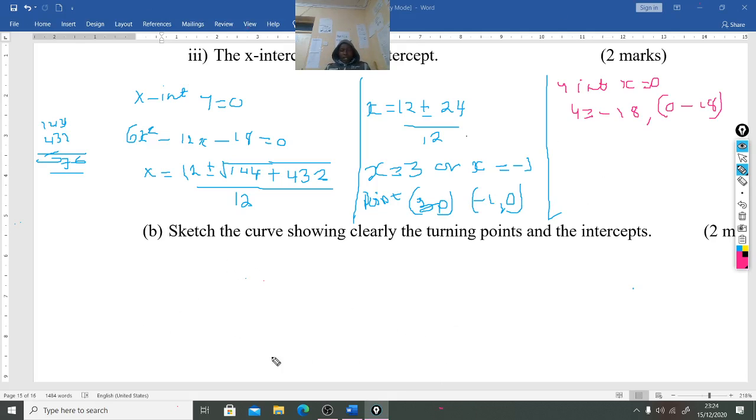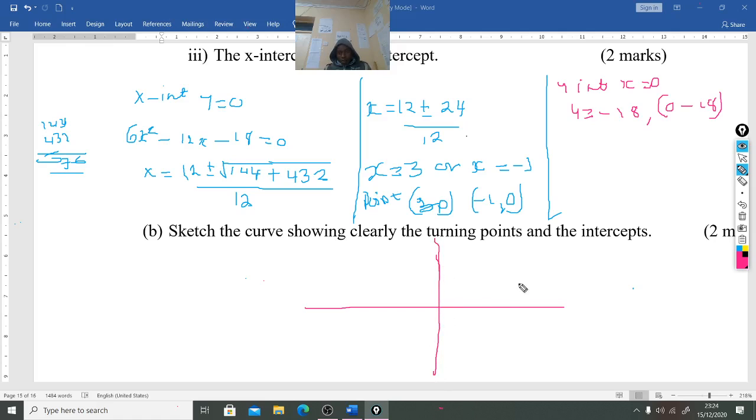Remember, you are sketching. It does not mean it must be perfect, but it must be accurate because you must show the turning points and the points of intersection. Let me have a good sketch. Let me utilize the space well. I have the y-axis there.